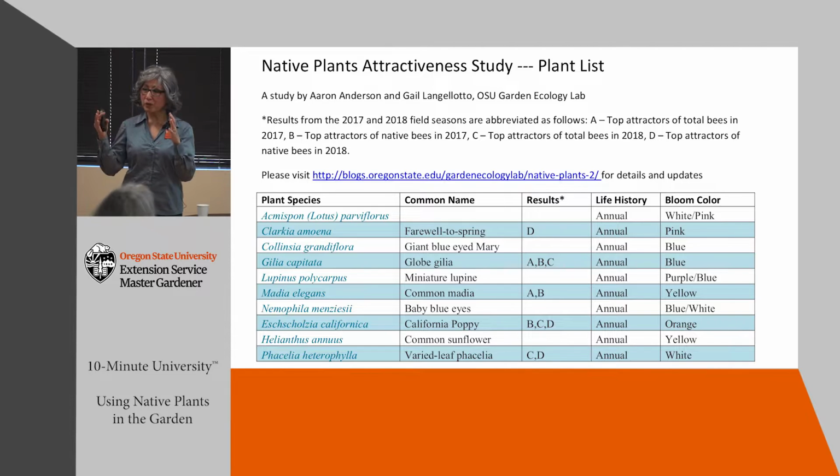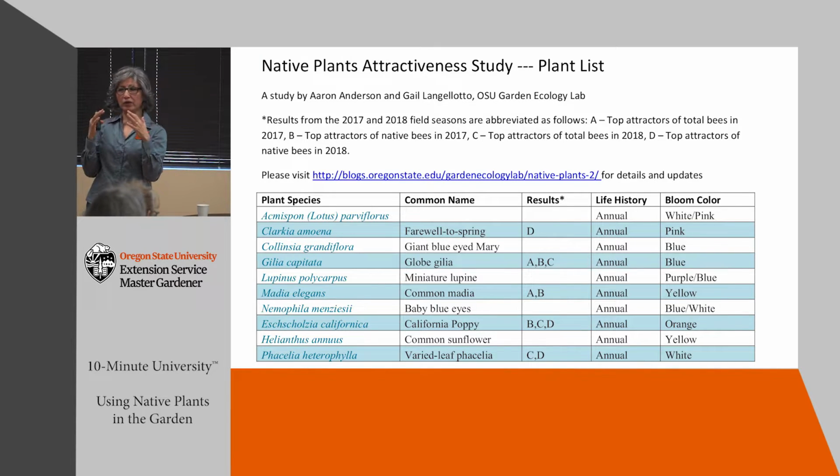So remember we were talking about attracting bees, total versus natives, minus the honeybee part. So I use A to say plants that did really well in 2017 in total bee attraction.